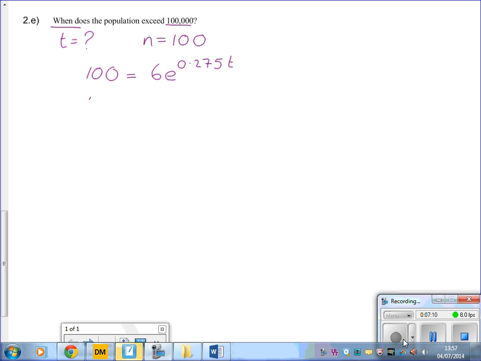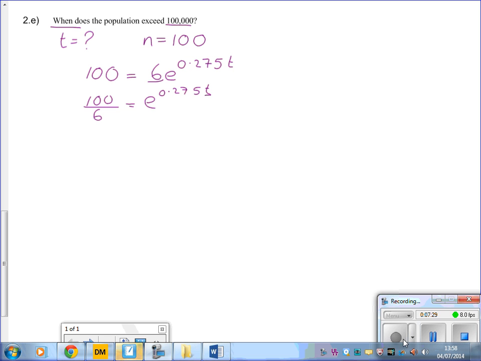So the first thing I'll do then is 100 divided by 6, bringing this 6 over to the other side. I'm going to leave it there as a fraction, but you can make a decimal if you like. I'm going to leave that to the end though.